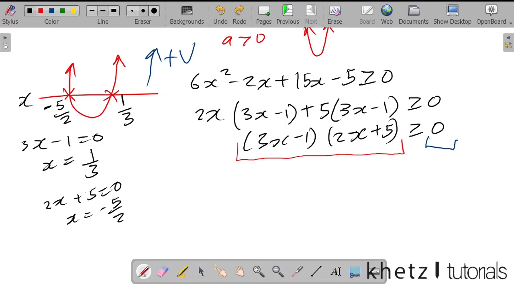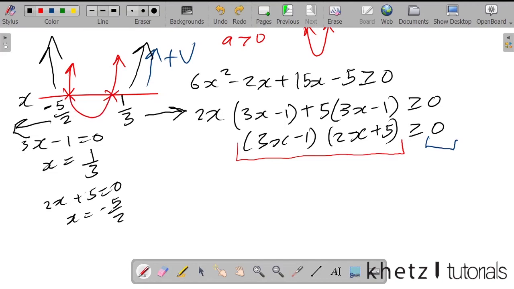To answer this question, you can see that for all values of x that go in that direction, and all values of x that go in that direction, you have the graph above your x-axis. Now for this middle section over here, you'll see that it's below the x-axis, and therefore that part doesn't qualify.